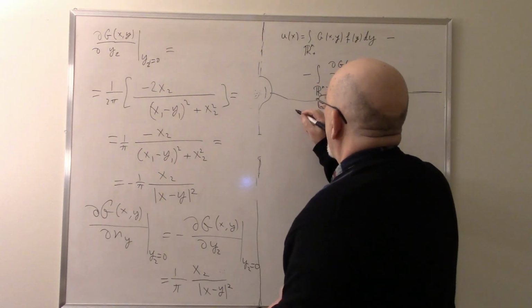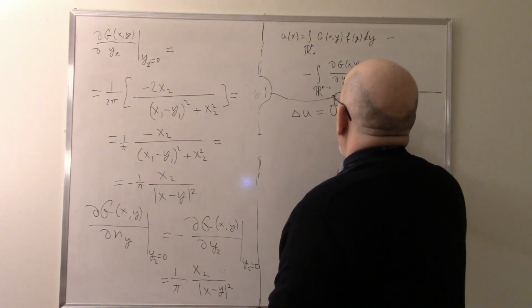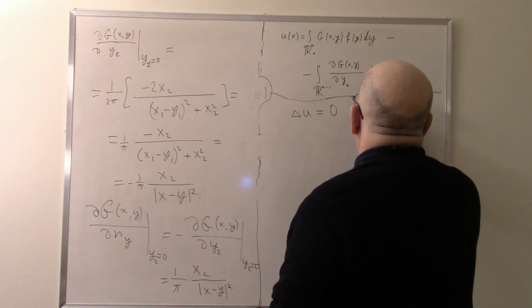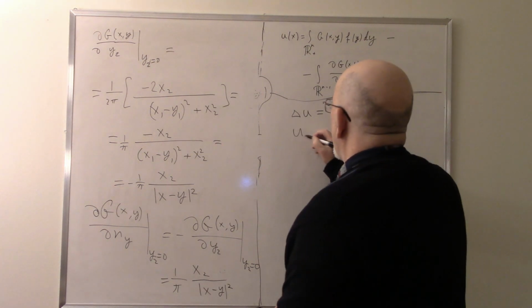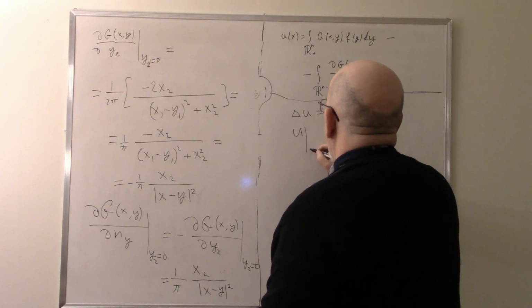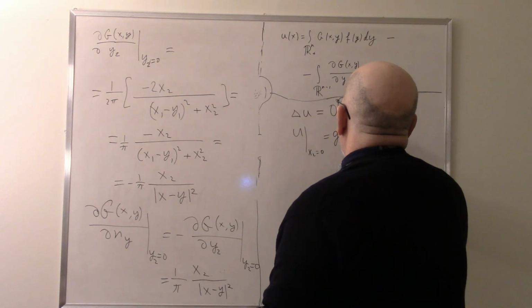We consider the equation delta u equals 0 in R2 plus, and u for x2 equals 0 equals g of x1.